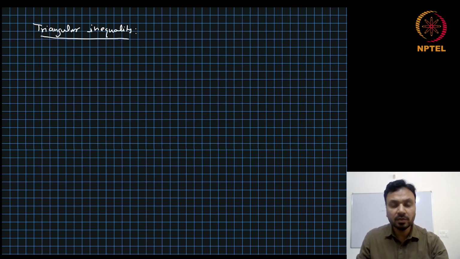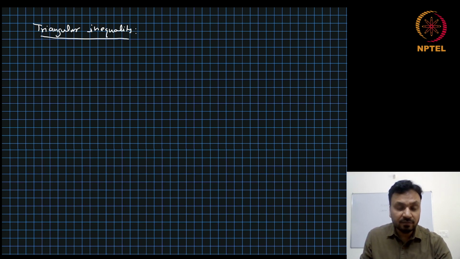So once we define the inner product structure on the linear vector space, there are many interesting properties which emerge out of this structure. One of the most useful is the triangular inequality.